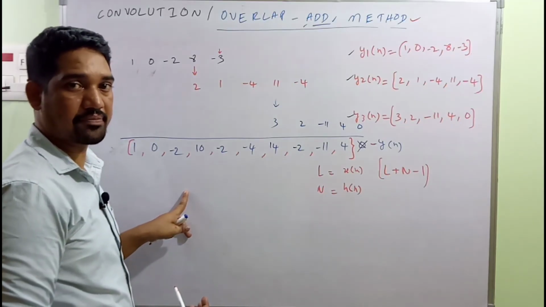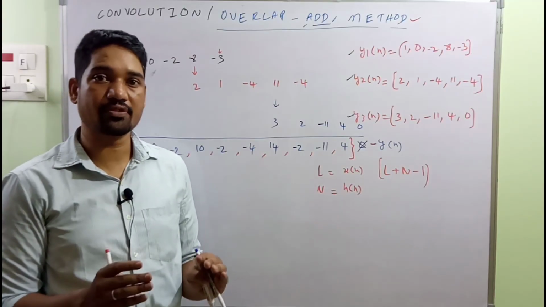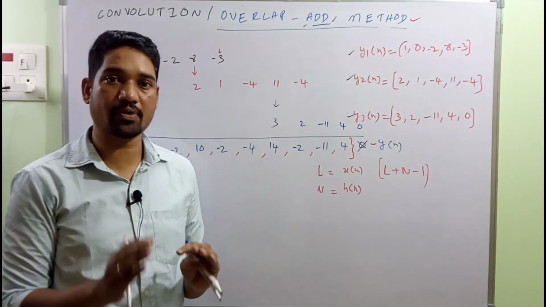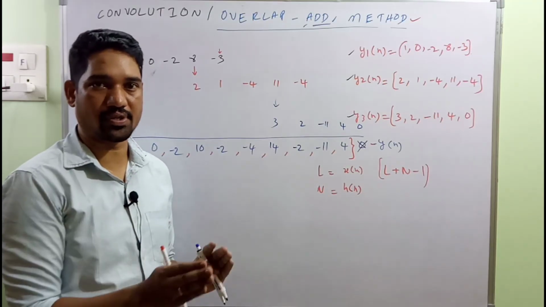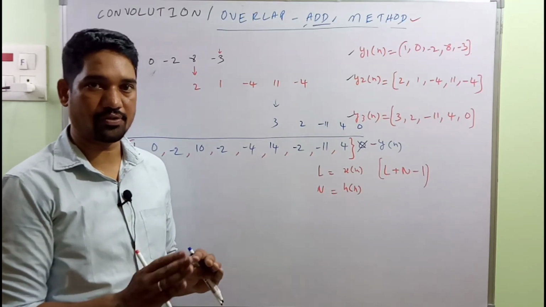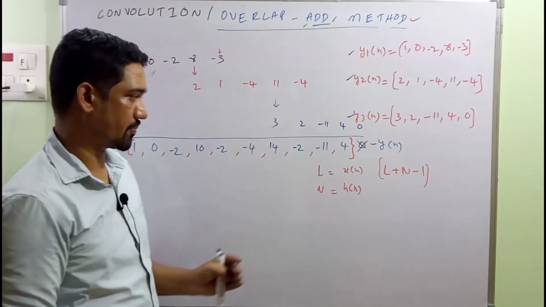Where did this start from? X of n should be truncated to the length of h of n, and the length of h of n will give us the information on what amount of zeros to be padded at the end of the sequence. And convolution is done making use of the matrix method, the convenient method, and this is the procedure.